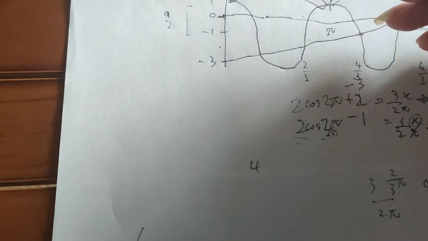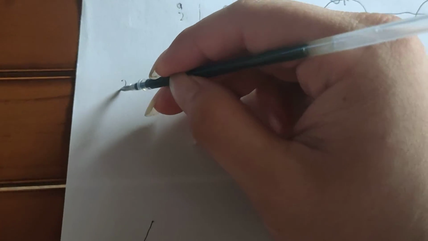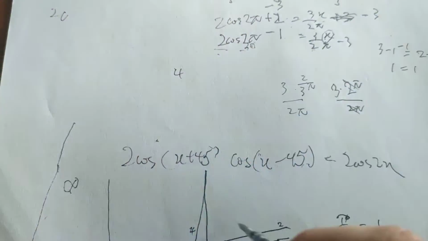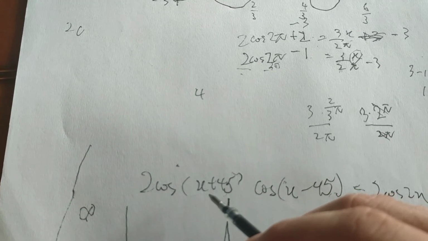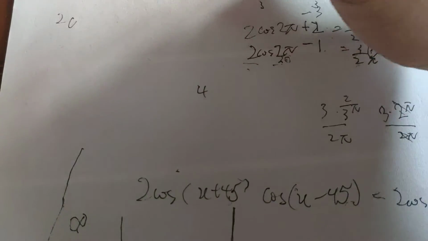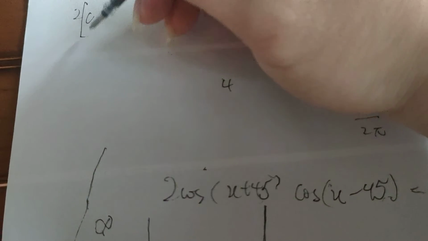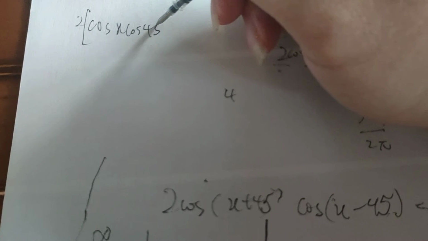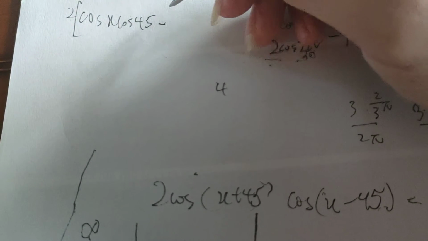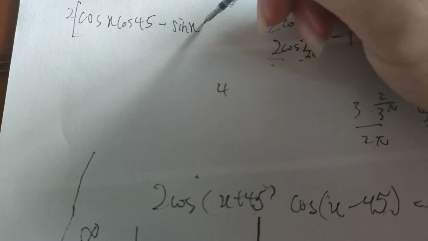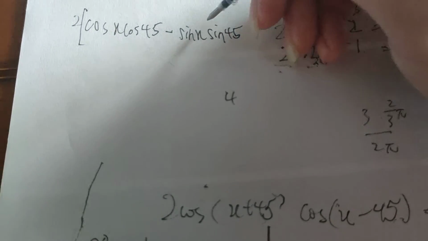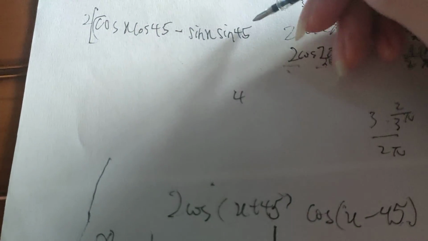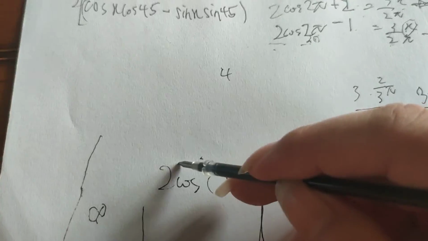The next question is incredibly hard, but I will tell you how to do it. Like this one, cos x plus 45, so means 2, just put outside, cos x cos 45 minus sin x sin 45, and this is just this term.